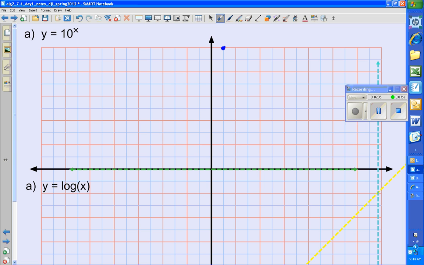Another one. Right 0, up 1. And left 1, up 1 over 10. So we have 3 points. We're going to come across the asymptote, hit that first point and start heading up. And it's very steep when it's 10 to the x.